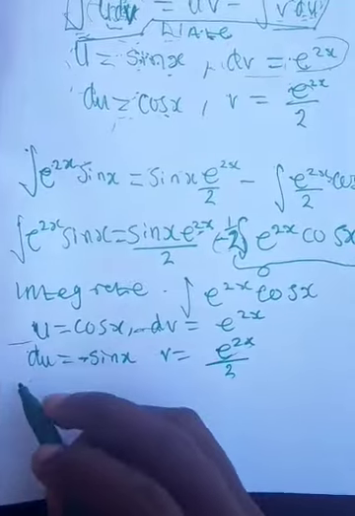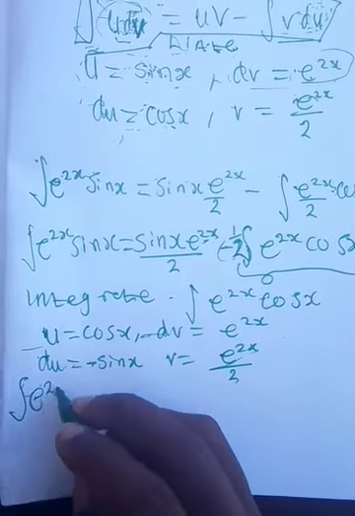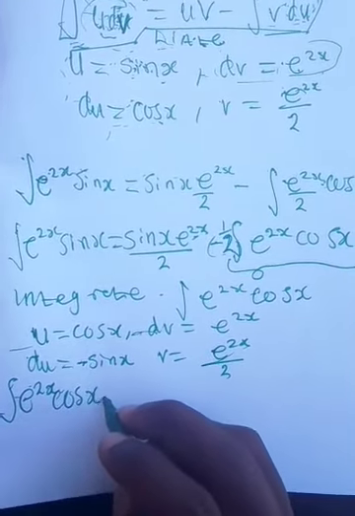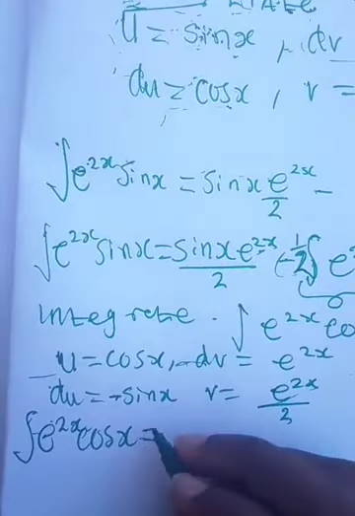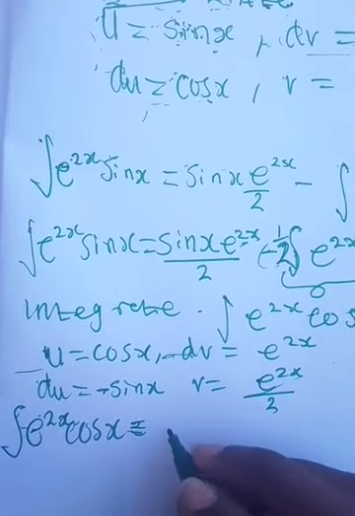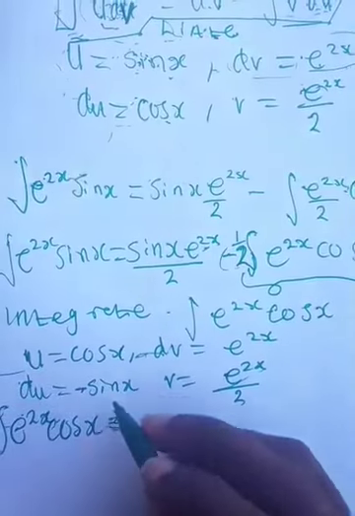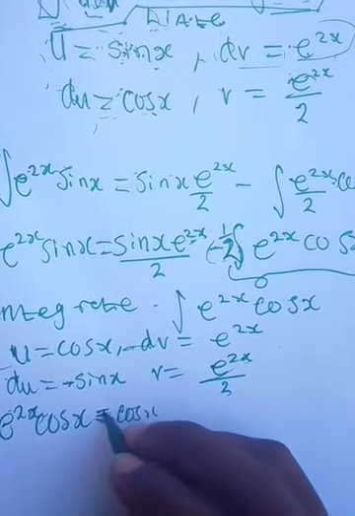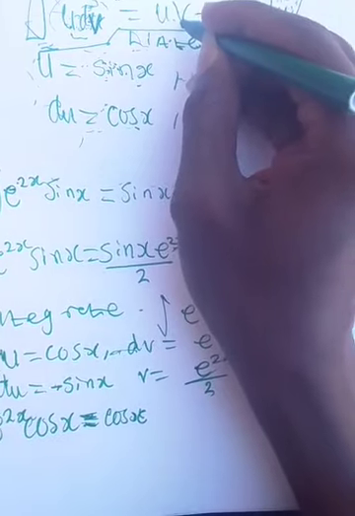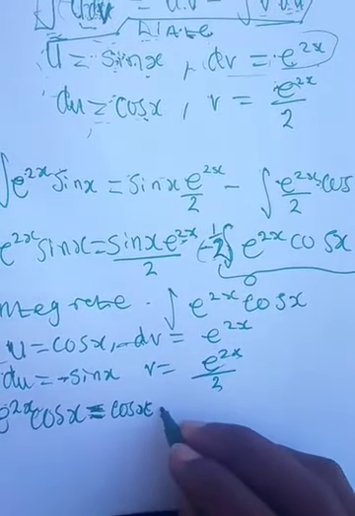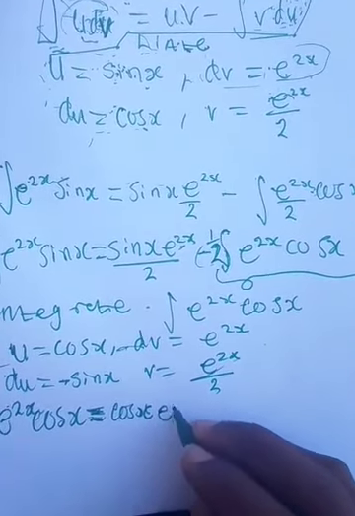So I'll just say e to x cos x equal to, then where is u? Where is u, we are going to put cos x. This is an equal sign, guys, so let me just write cos x. Then where is v? I'm going to put this one, so it's going to be over 2, right?